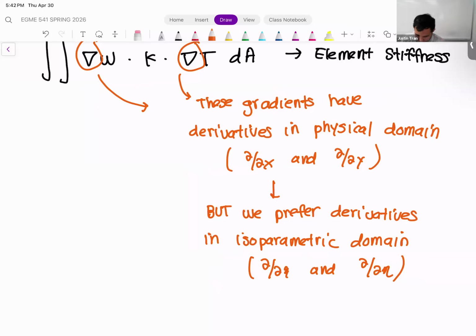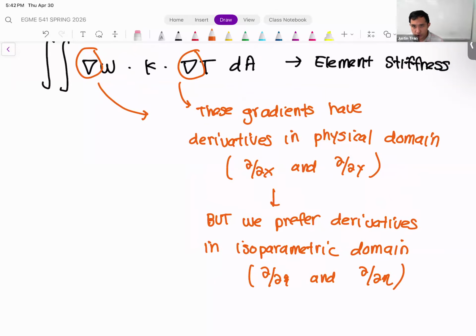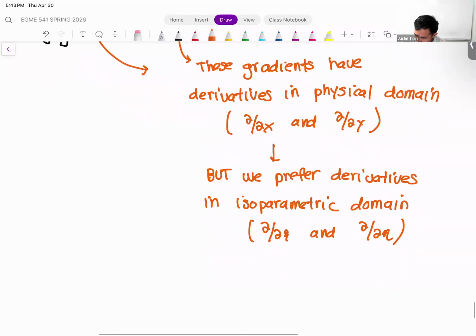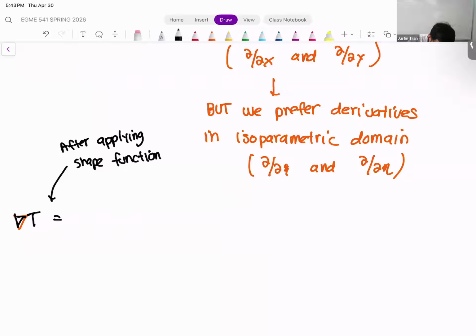So for instance, after we apply our shape functions and plug in for the nodal solutions, remember, our gradients usually take the following form. The gradient of T, after applying our shape functions, we end up with a situation like this.